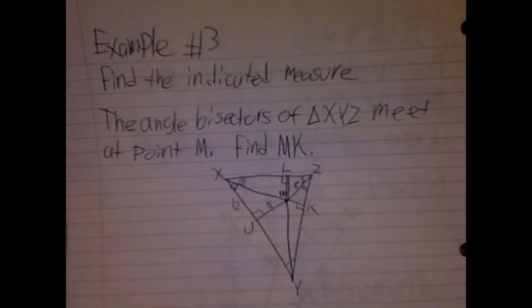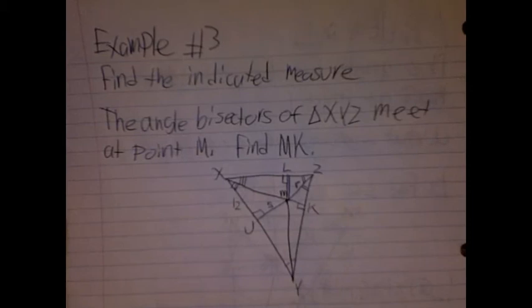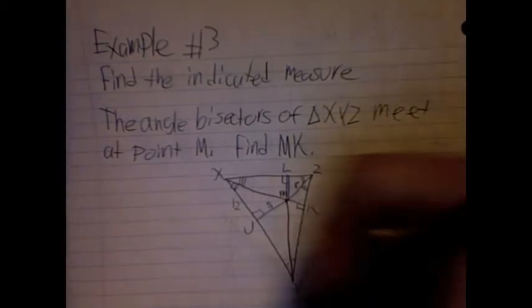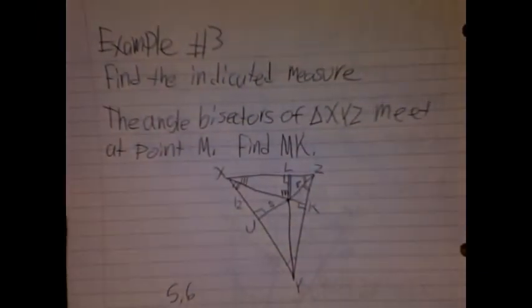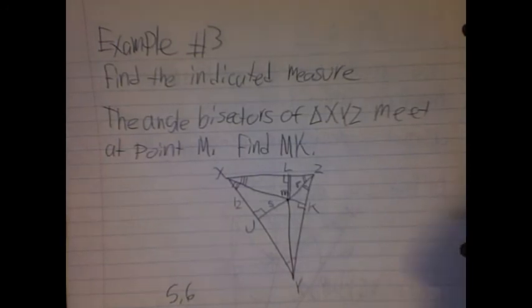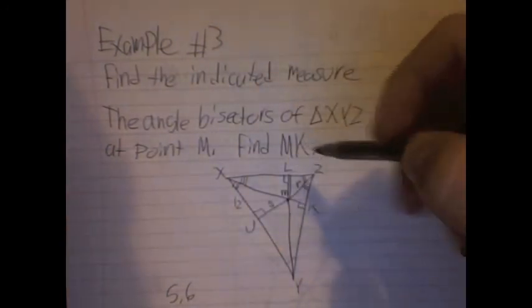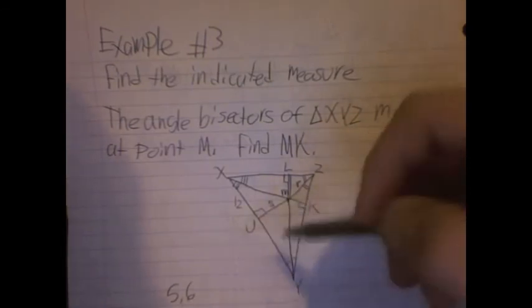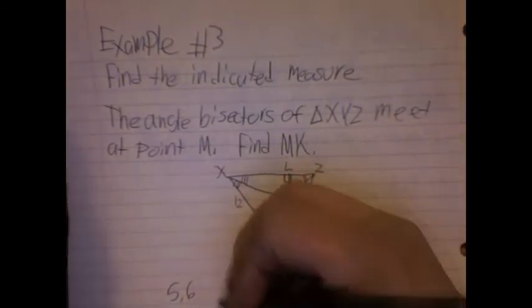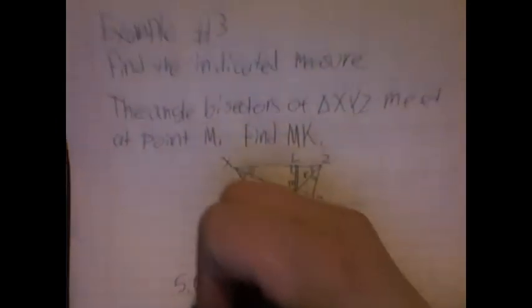Alright, since you tried to figure it out, I'm going to help you. This one is easy as well, because in theorem 5.6, it states that ML, MJ, and MK are all congruent.